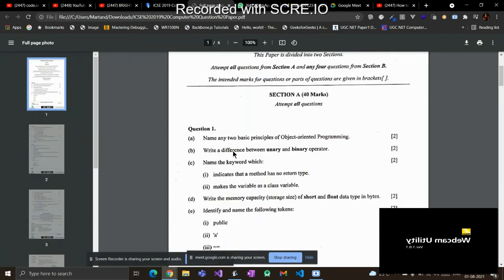Can you see this? Name any two basic principles of object-oriented programming. Abstraction, inheritance. Come again. Abstraction, inheritance. Very good. Encapsulation and polymorphism. Okay, so out of these you write any two over here.